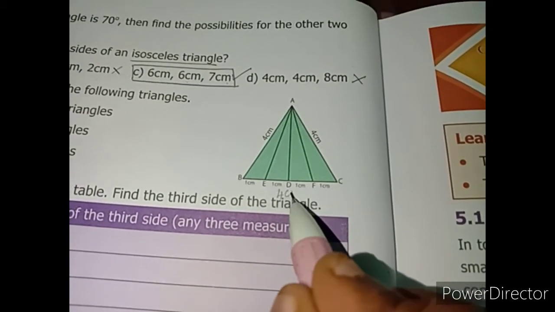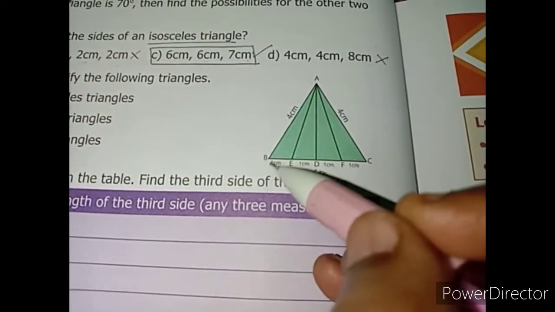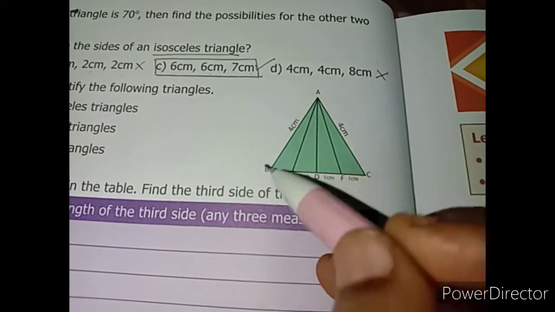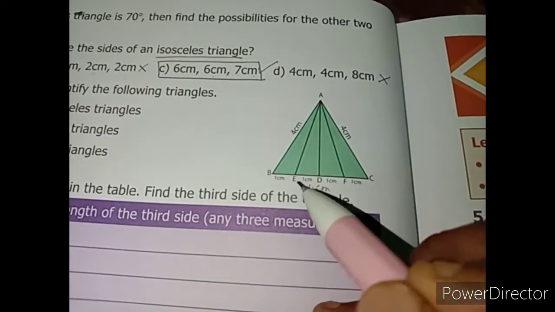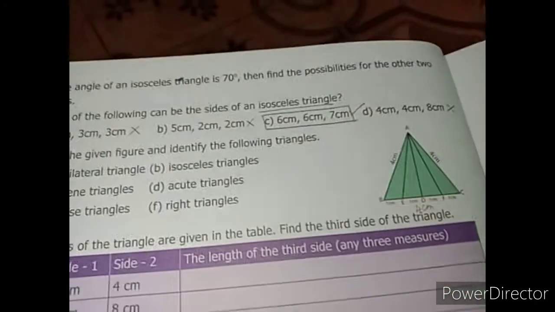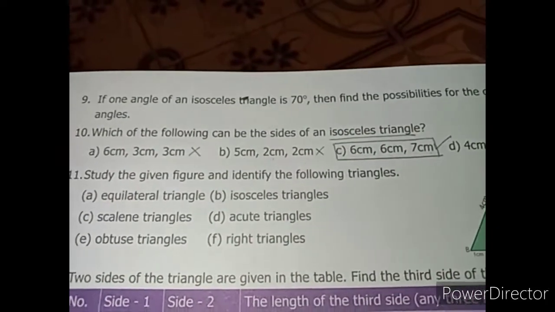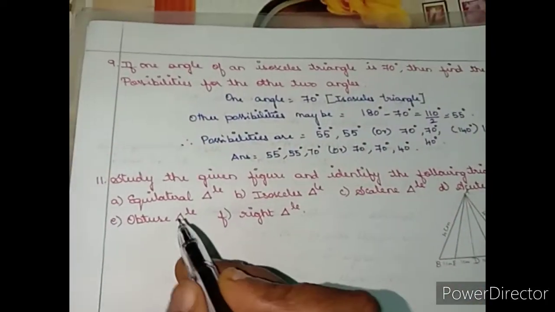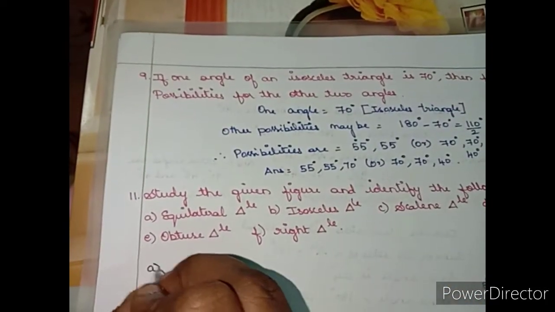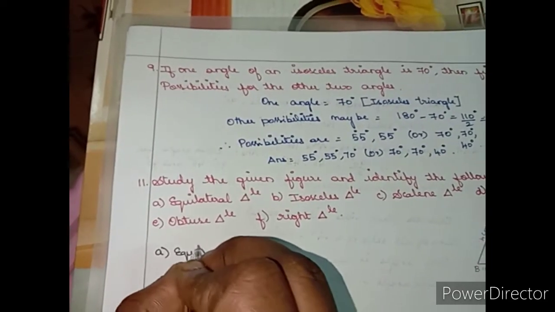So this is also 4 cm. So what is given? It is an equilateral triangle. All the three sides are equal. This is what we have found at the first. So we'll see. So the first one is an equilateral triangle.